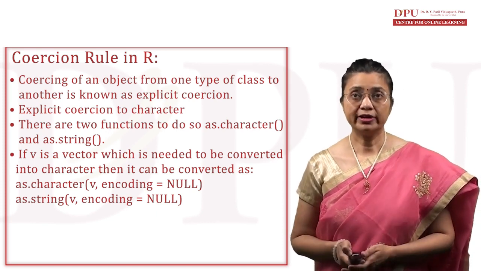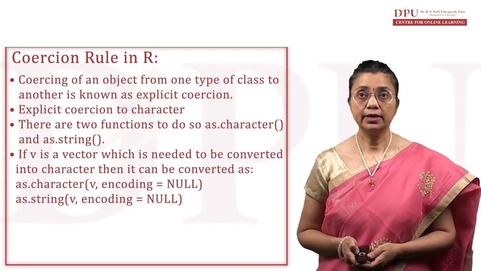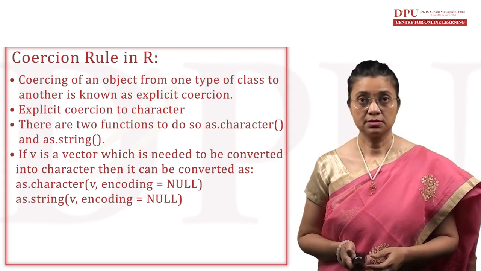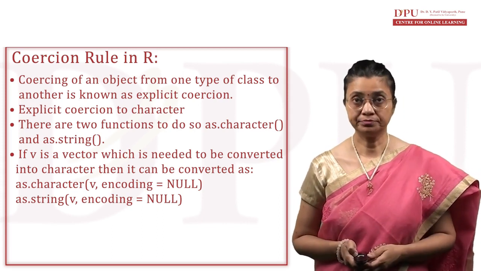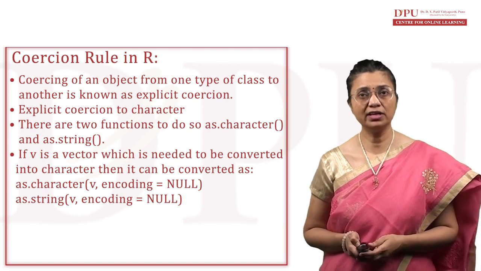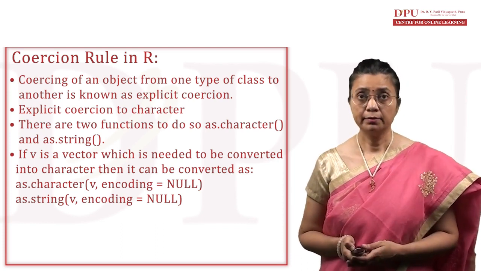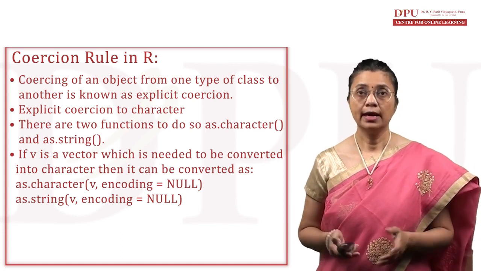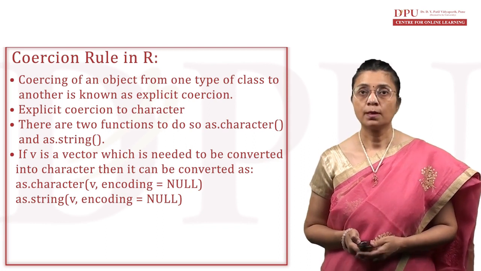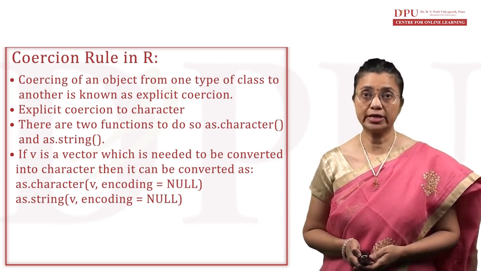If v is a vector which needs to be converted into character, then it can be converted with as.character and within brackets v. I'm writing encoding equals NULL. Encoding is a property which is set to NULL by default. Likewise, I am using the as.string function, and there I am passing v as a vector. So the two functions are as.character and as.string.